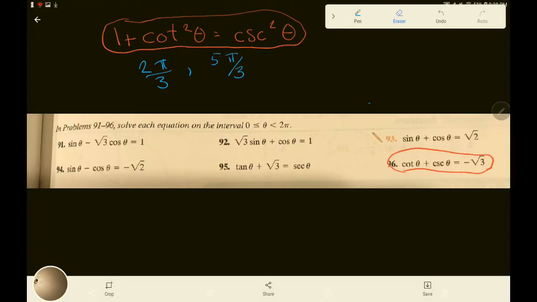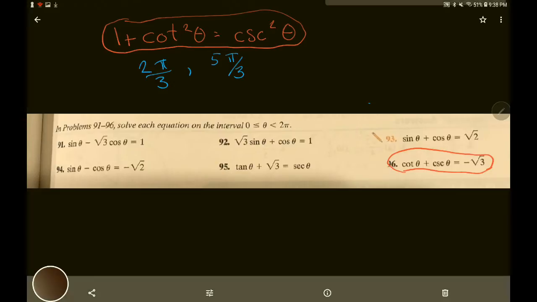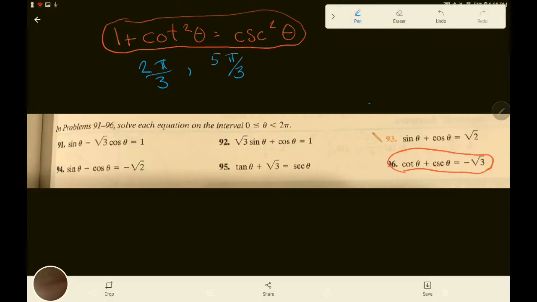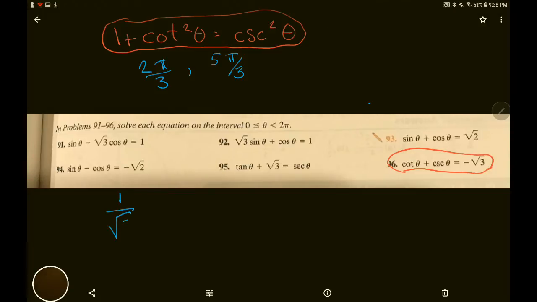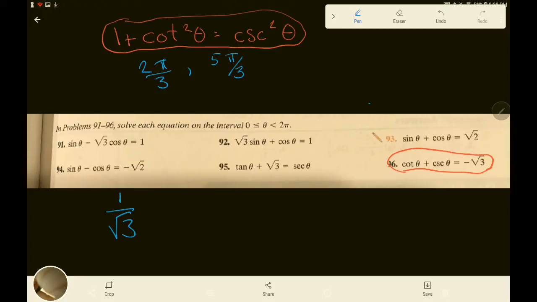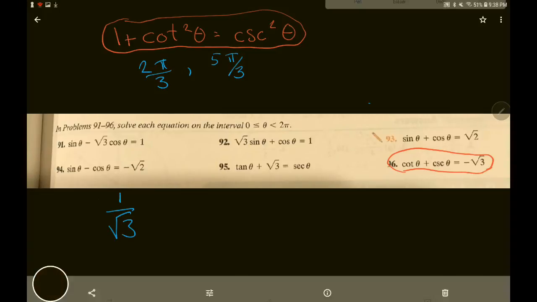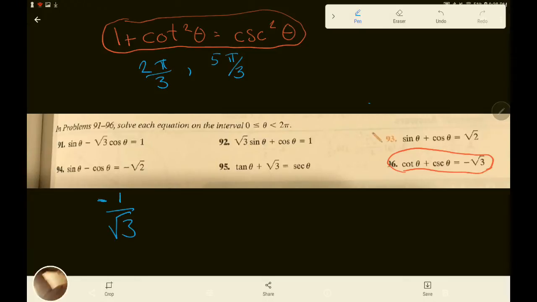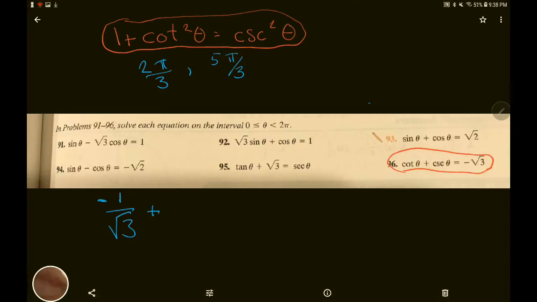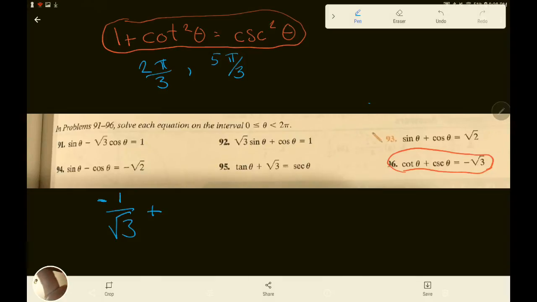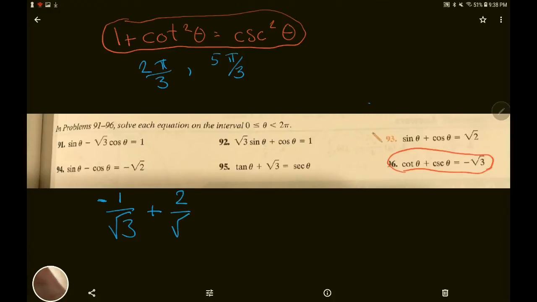So let's look at 2 pi over 3. 2 pi over 3, the cotangent, cotangent is cosine over sine, so that's 1 over root 3, and will be negative. And then plus cosecant theta. Cosecant theta is 1 over sine theta. That is 2 over root 3.